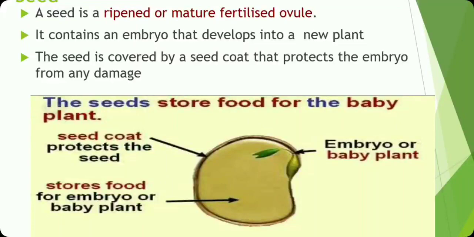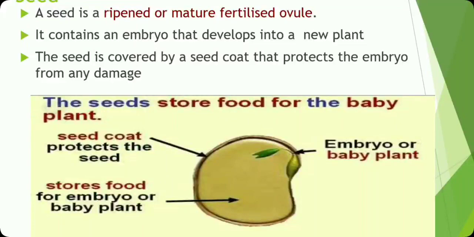Actually, the zygote is formed first, and the zygote is converted into an embryo after some development. After this development of the embryo, if favorable conditions for germination are there, then it develops into a new plant. And a seed always has a seed coat, and this is really important. Why?